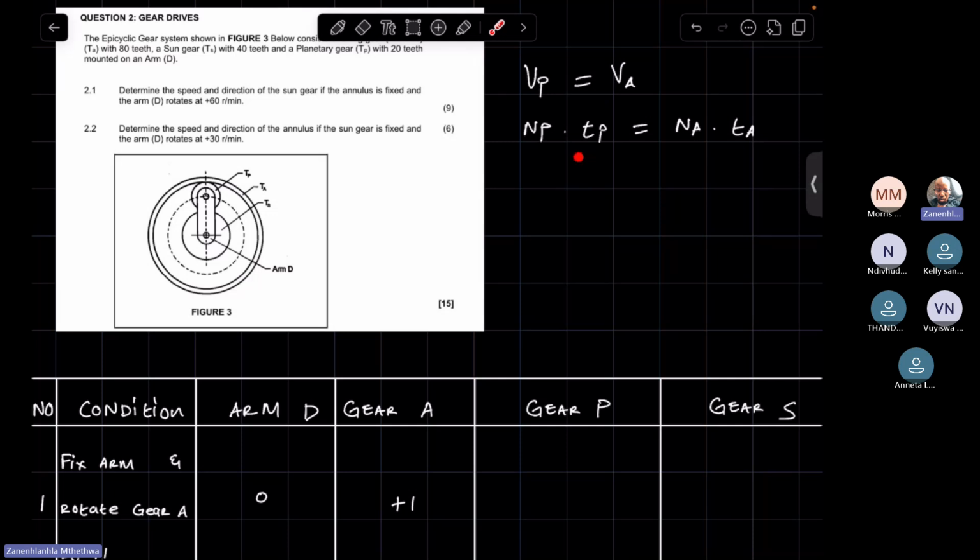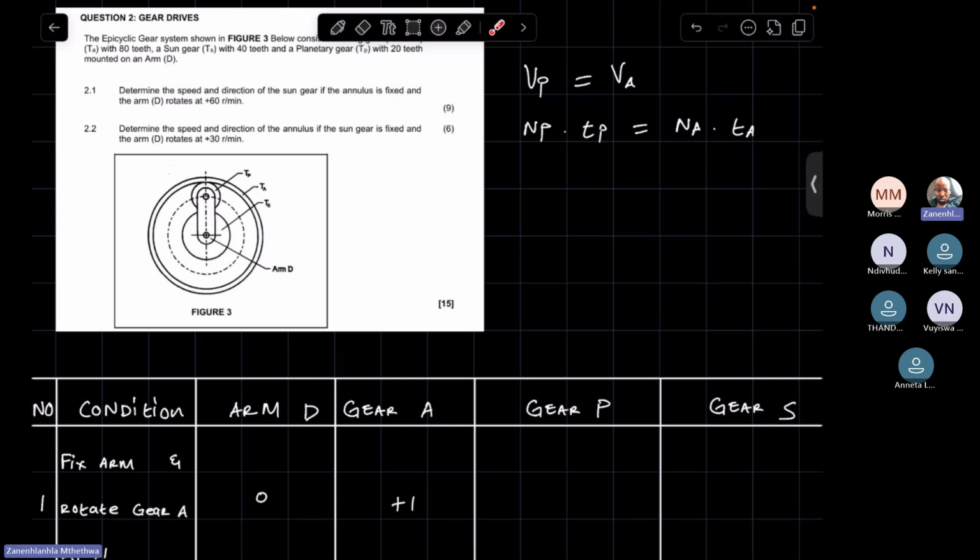Remember that, in terms of direction of rotation, we get essentially two cases. You get gears that have teeth ground onto them on the outside true circumference.